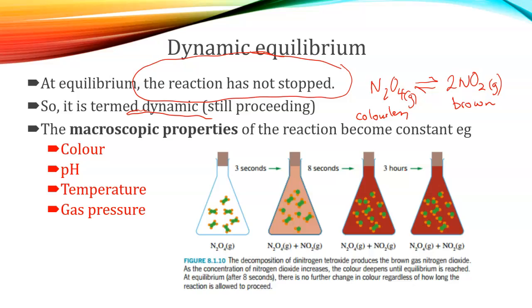But as we continue on, the mixture gets darker, a darker brown, as more NO2 is being formed, until after apparently only 8 seconds, we get this dark brown colour, and still at 3 hours, we've got the same dark brown colour. So the reaction has reached equilibrium.